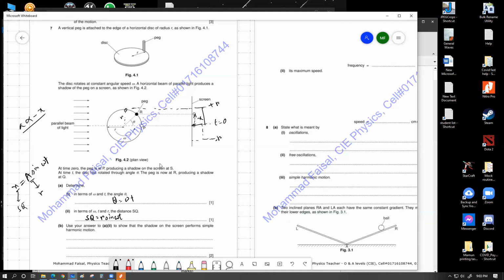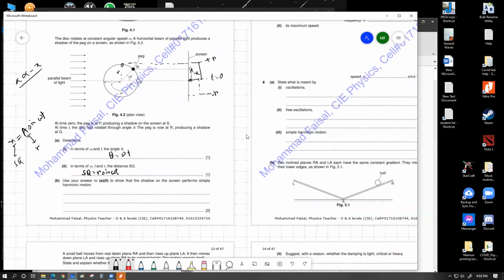So what we can do over here, if I was writing the answer for this question, I'm going to write let, so I will bring in the variable x over here, and then I'm going to write two different lines.